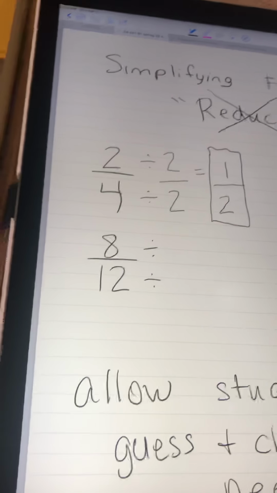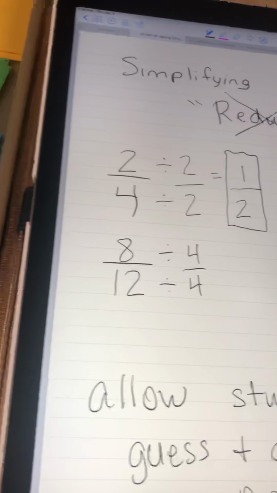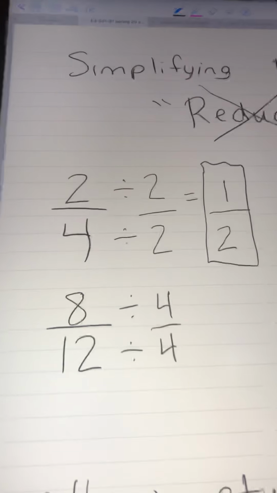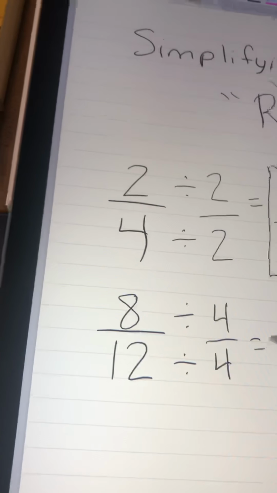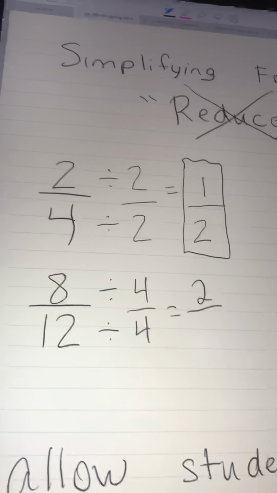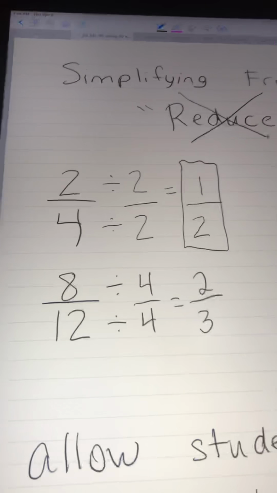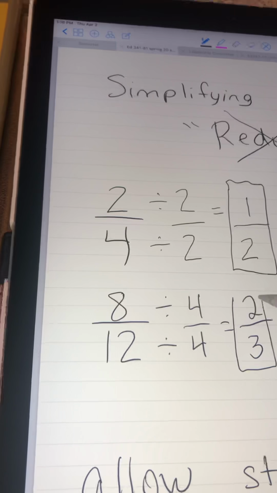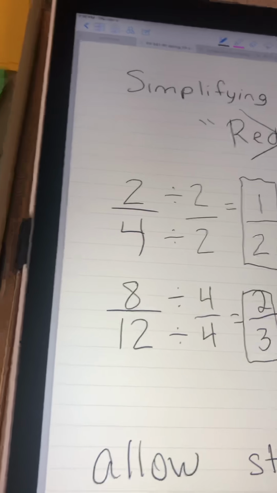Some students might be able to divide 8/12 in the numerator by 4 and in the denominator by 4, and they could see that 8 divided by 4 is 2 and 12 divided by 4 is 3. They might be able to do that simply because they recognize that 4 is a factor of 8 and 12.